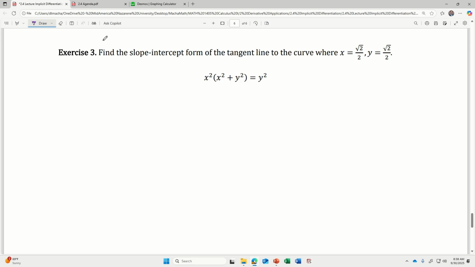All right, find the slope-intercept form of the tangent line to the curve where blah, blah, blah. Okay. If I see this, the first thing that I'm doing is distributing that x squared.